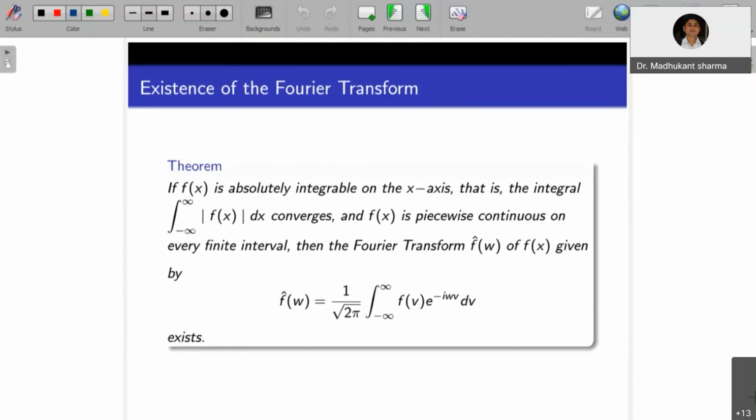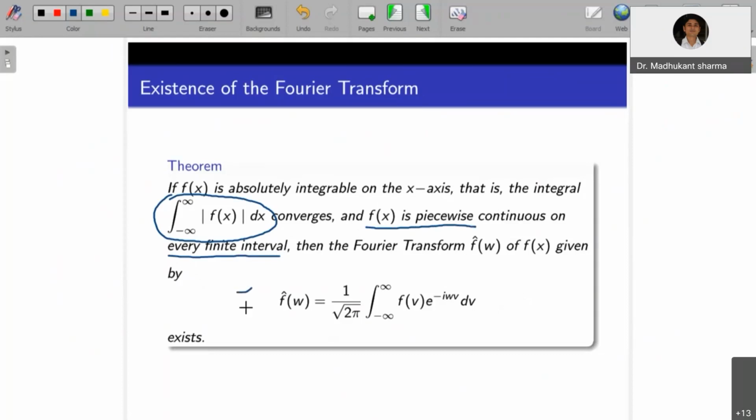When you talk about existence, if you want to evaluate the Fourier transform of certain functions, you need to verify certain conditions. What are those? The first condition is that f is absolutely integrable. And the second is that f is piecewise continuous on every finite interval.